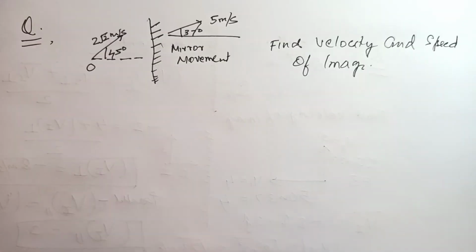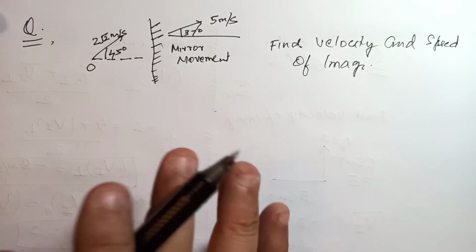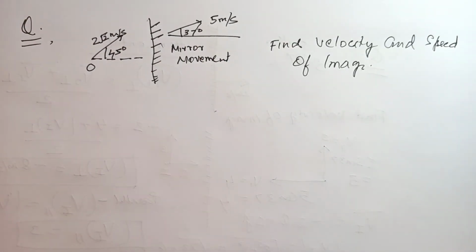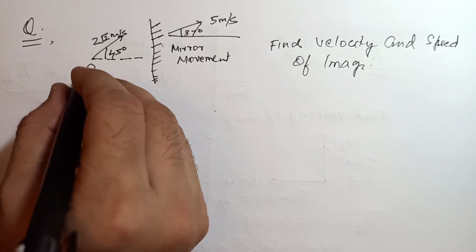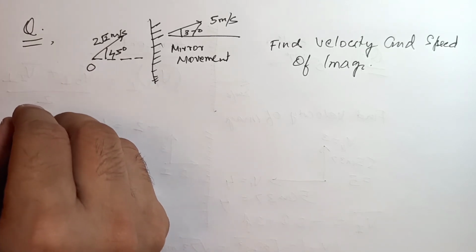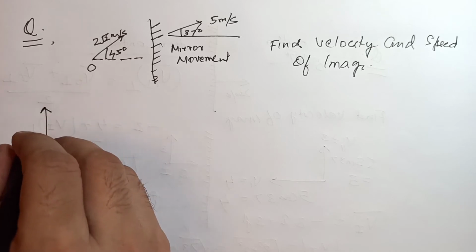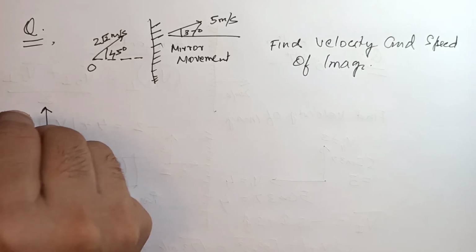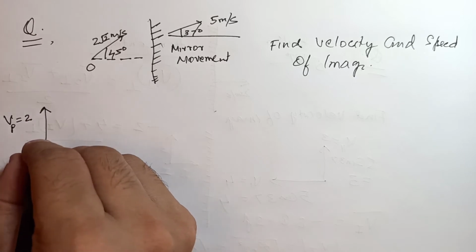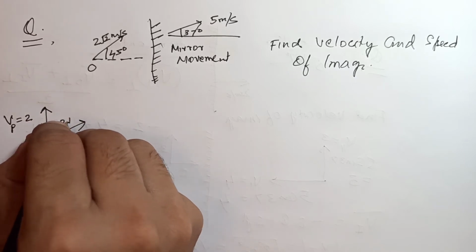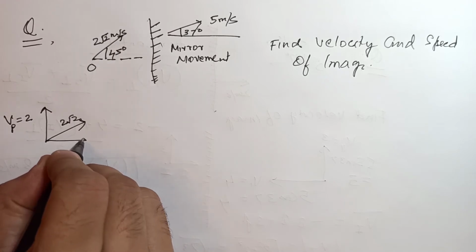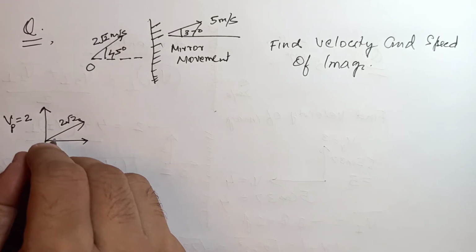Now how to do? So the first thing again in this question is first break into components, because it is not purely horizontal or vertical, right? So let's break this. V parallel and V perpendicular, this is 45 degree.